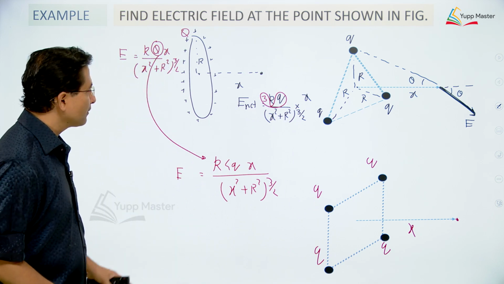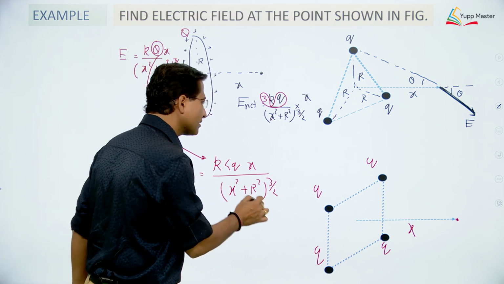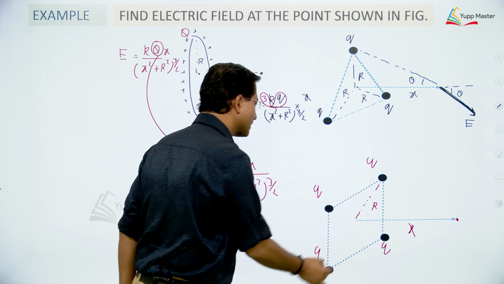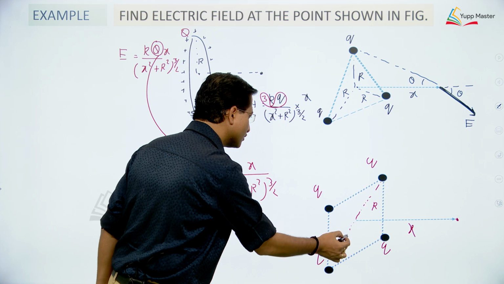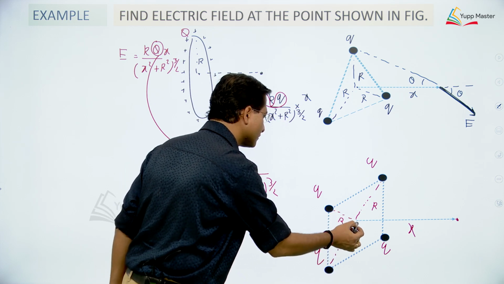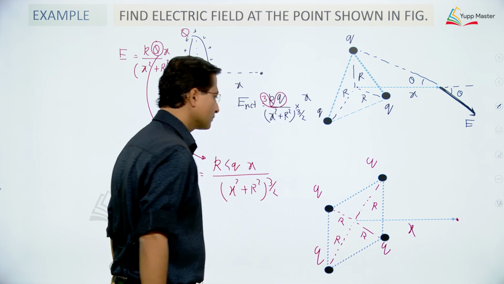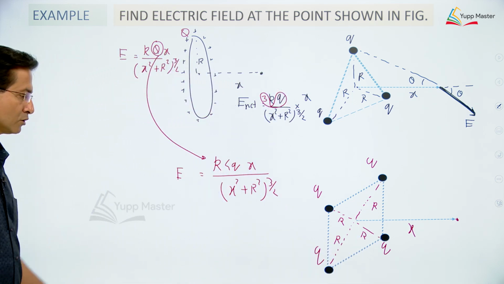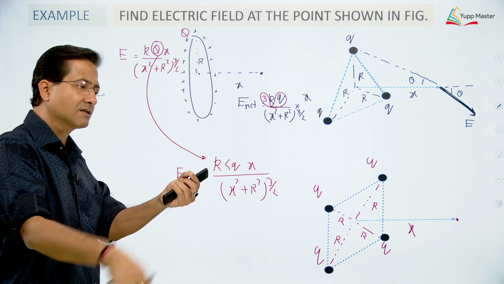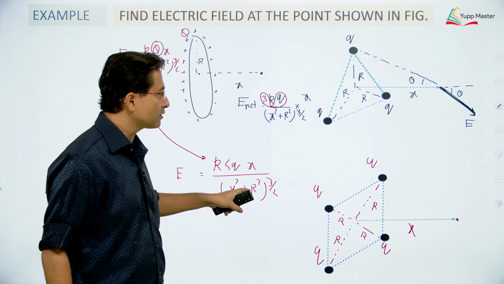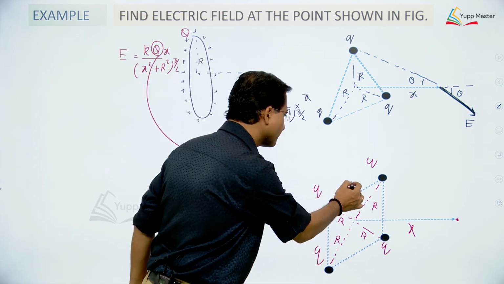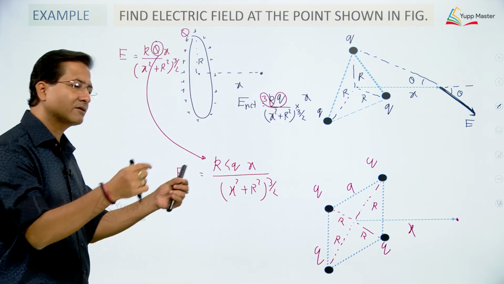Only thing you have to keep in mind, this r is nothing but this distance. So, this distance is r from here to here, this one is r. So, from the center of the square, all the particles are kept at distance r, that distance we need to substitute here. For example, if this is given as a, generally the edge length will be given to you.